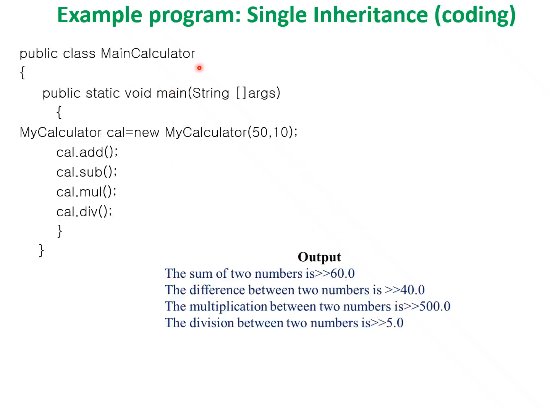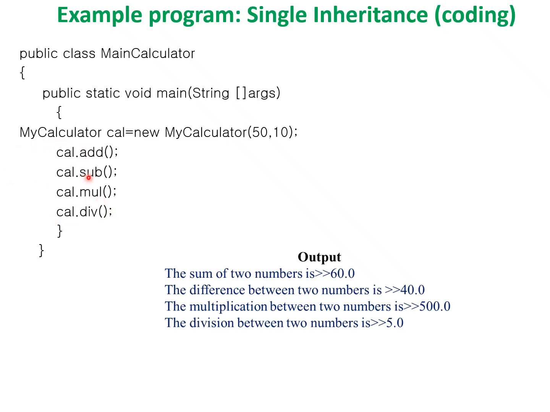Here is the main method, using public static void main. We use MyCalculator to create a cal object. Using the cal object we call the add method, the sub method, the multiply method and the divide method.